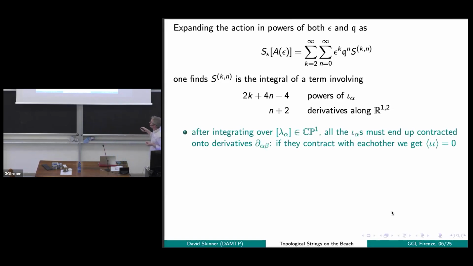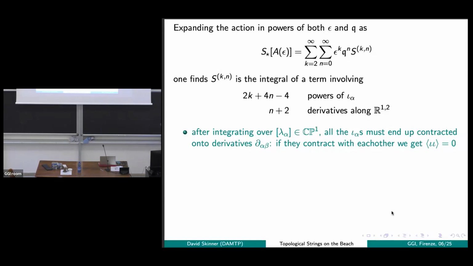Now, when you integrate over the CP1, before you integrate, some of these spinors could well be contracted into lambdas, or contracted into derivatives along lambda, or all sorts of things. But once you integrate over lambda, the indices on all of these spinors have to contract with something else. There's no explicit x dependence, so they can only contract either onto derivatives or onto each other.